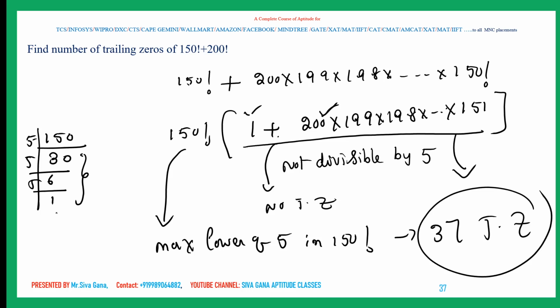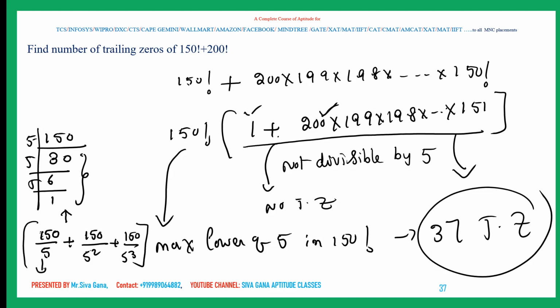My dear aspirants, just listen, we can do this process in this way also. 150 divided by 5, plus 150 divided by 5 square, plus 150 divided by 5 cube. 5 cube is 125. 5 power 4 is more than 150, so the process stops here.